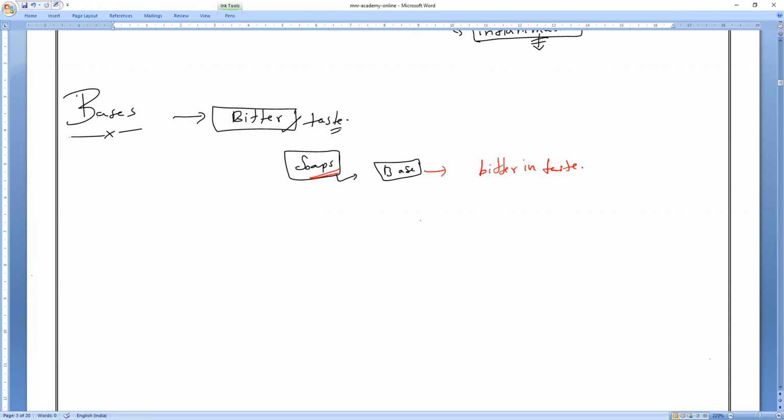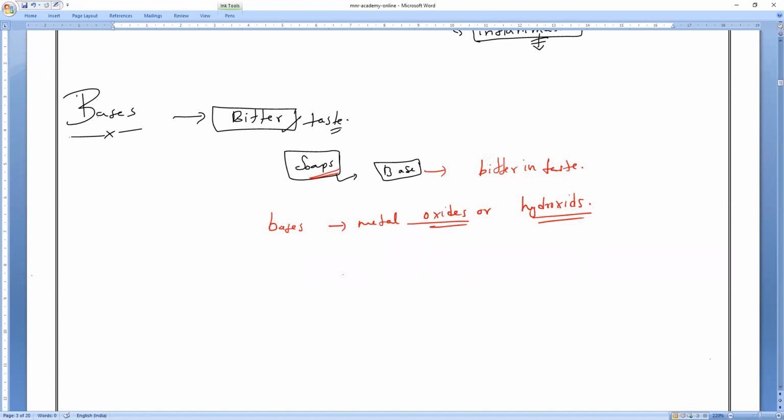Now, chemically, bases are, all of you remember, chemically acids are basic oxides. And if you take these bases, chemically they are metal oxides or hydroxides. So bases are metal oxides as well as hydroxides.